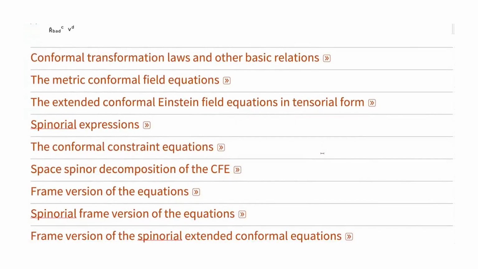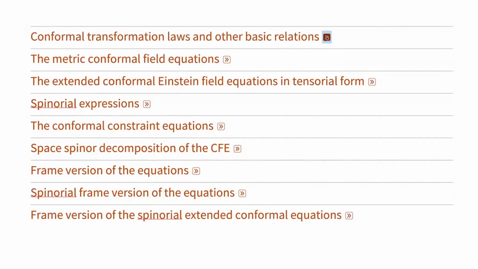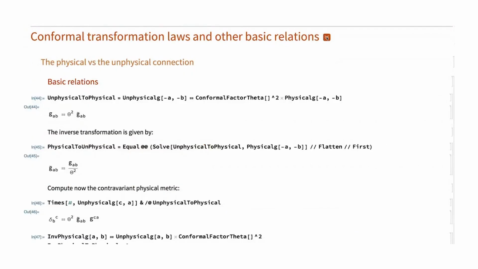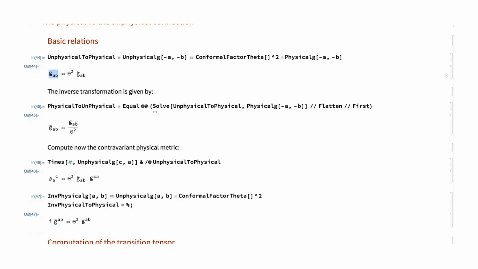And what is nice, and this is what I learned from Alfonso, is that you don't type in the equation that you want, but really you start very basic with your conformal transformation between the physical metric that defines the Einstein equation and the unphysical one, and then you go step by step deriving everything. In particular, you compute the transformation between covariant derivatives from scratch.